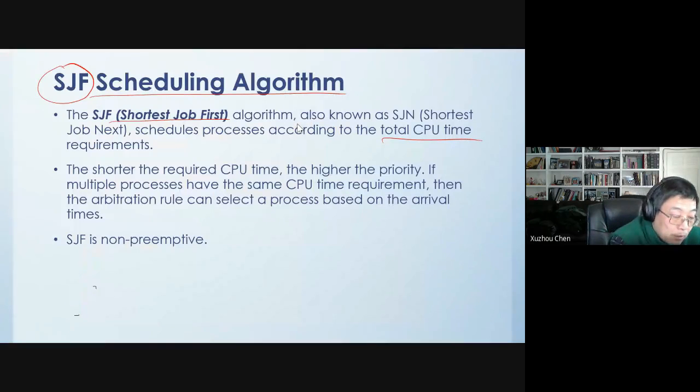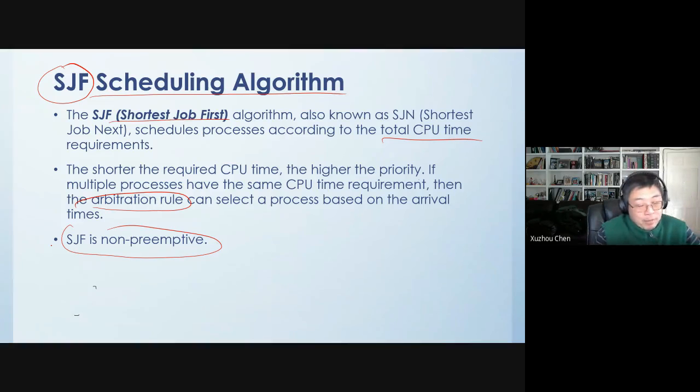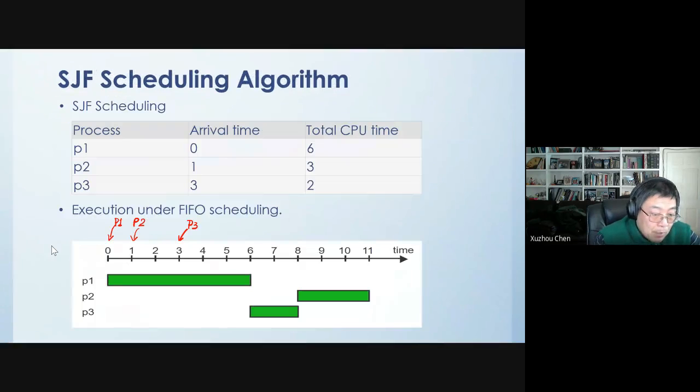So the shorter the required CPU time, the higher the priority. If multiple processes have the same CPU time requirements, then again, an arbitration rule can select. Also, shortest job first is non-preemptive, but there's a difference between shortest job first and FIFO.